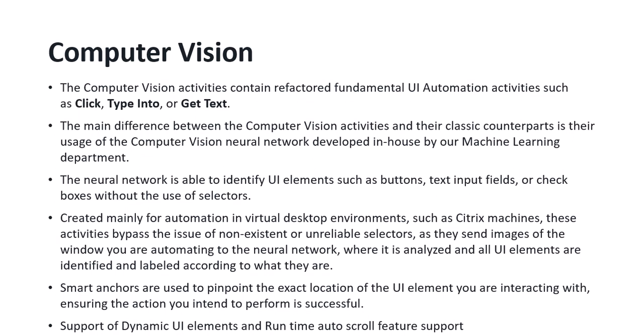Then the UiPath neural network machine learning algorithm is smart enough to identify all different elements available in that screenshot, and it will show us, okay, all these elements are available on this screen, so which ones are you interested in, and whatever you are interested in, it will give you the value of that. Or if you want to type something over there, or click over there, all those activities can be done once you have the elements identified. So this way it will work.